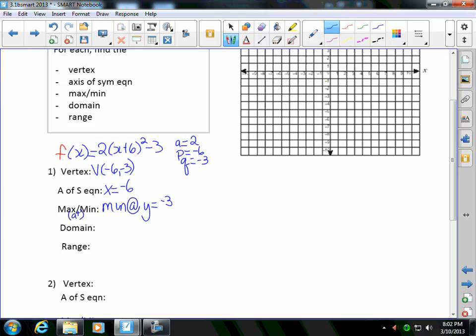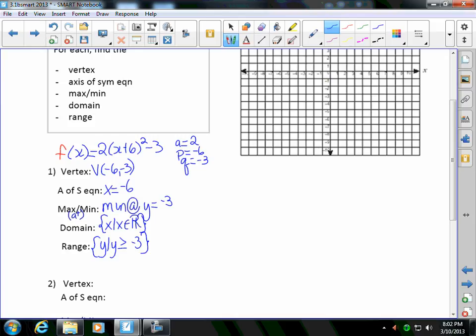Domain is always the same: the set of values for x such that x is an element of real numbers. For my range, I take a look at my a value. It is positive, so my graph is going up, so the set of values for y such that y is greater than or equal to my q of -3.